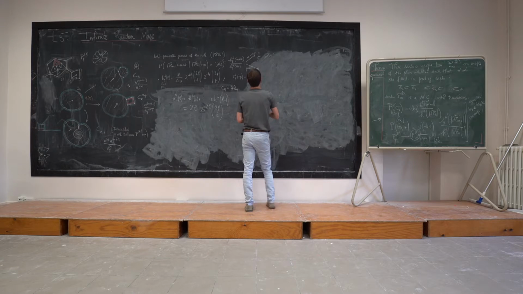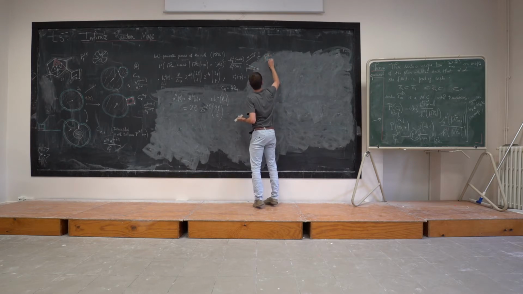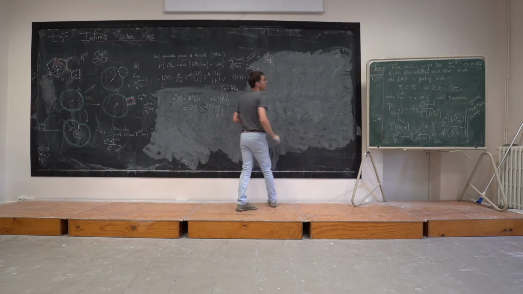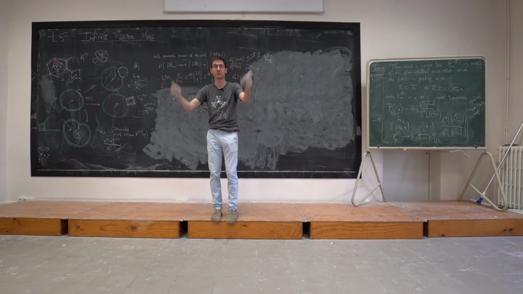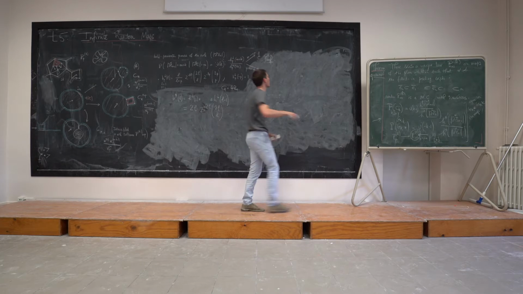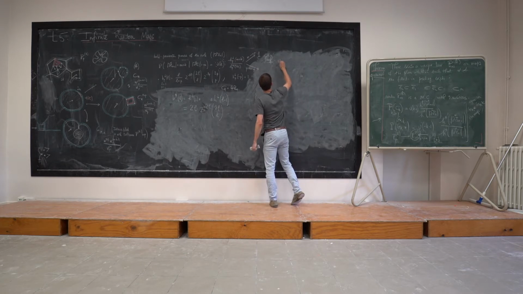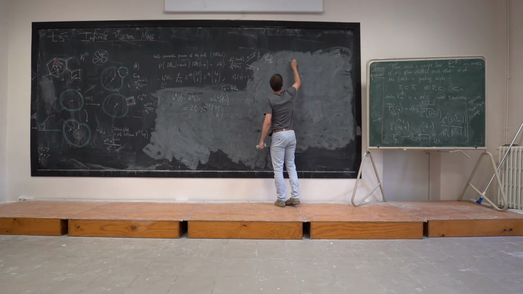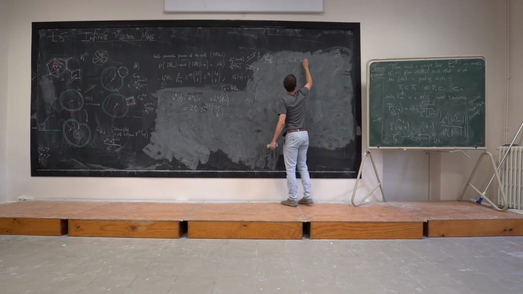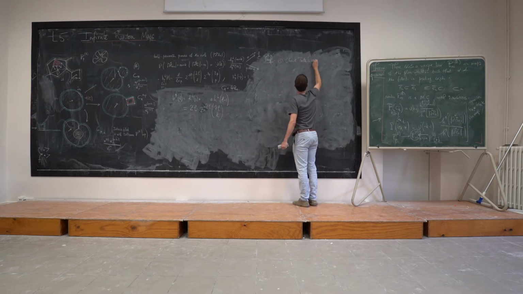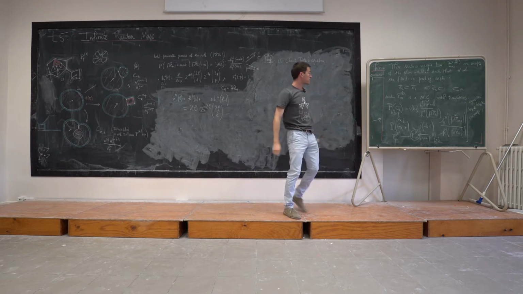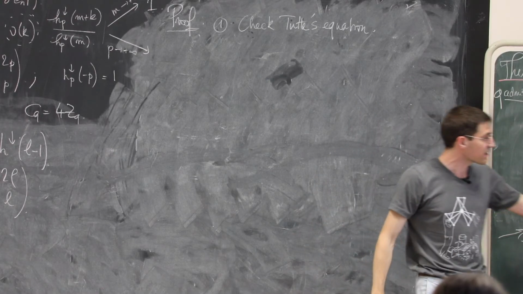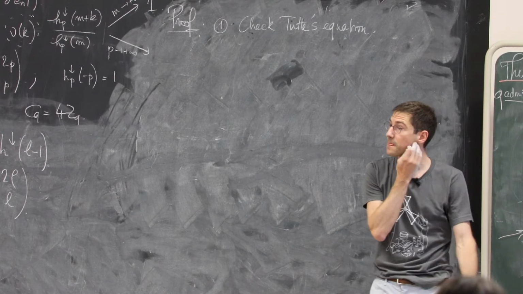Okay, so we'll prove it exactly the same way we proved the theorem on the half plane. We first need to check Tutte's equation. Okay, so what is checking Tutte's equation? Checking Tutte's equation is checking that those are transition probabilities.